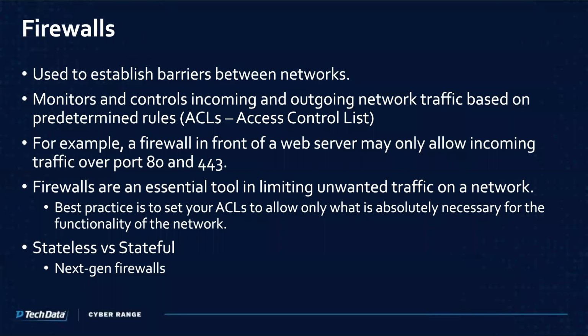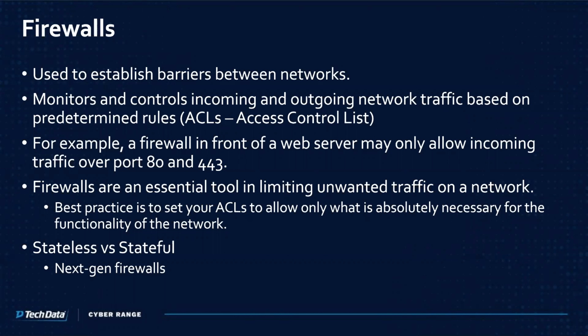Later, we'll talk about IDS and IPS as another way in which we can get more visibility into the flow of network traffic. But for firewalls, the simple example is you may have a web server with several open ports, let's say 10 open ports, and you don't want all 10 of those open ports to be accessible from the public internet.